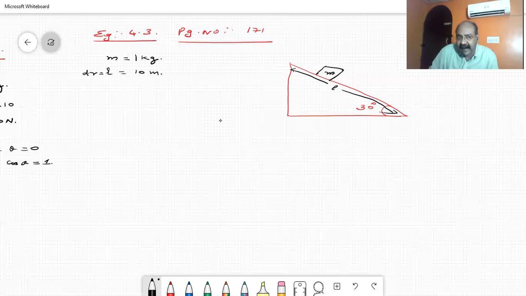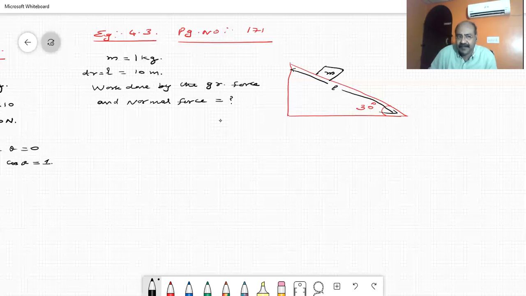Calculate the work done by the gravitational force and also by the normal force. These two we have to calculate. First of all, let us calculate case 1. Case 1 is the work done by gravitational force.